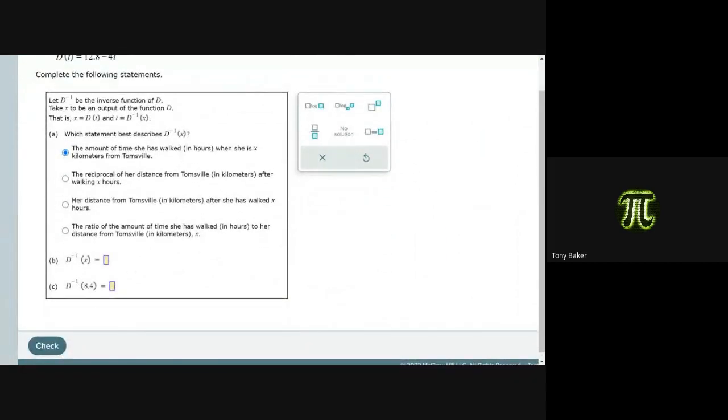Since it's a decimal in this one, keep it as a decimal. I'm going to still have a fraction, but you can keep this one as a decimal.